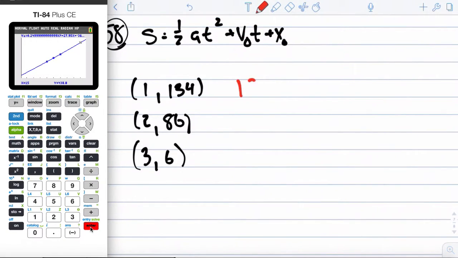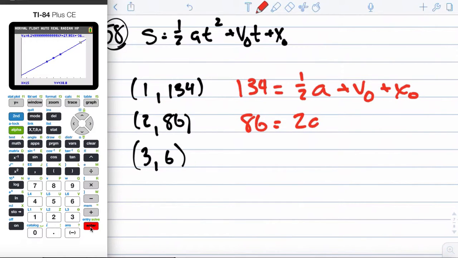My height is 134 when t is 1, so I get 1/2 a plus v naught plus x naught. When my height is 86, I get 1/2 2 squared, 1/2 4 is 2a plus 2v naught plus x naught. For 6, I get 1/2 3 squared, or 1/2 9, so I get 9/2 a plus 3v naught plus x naught.